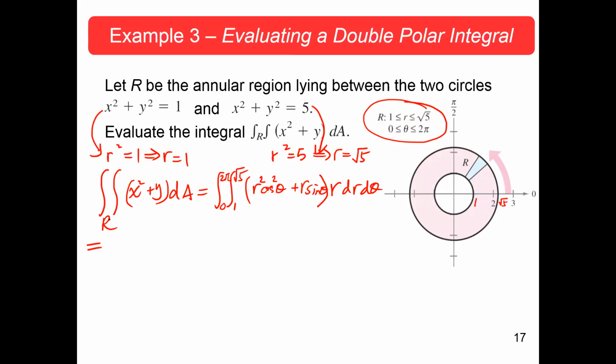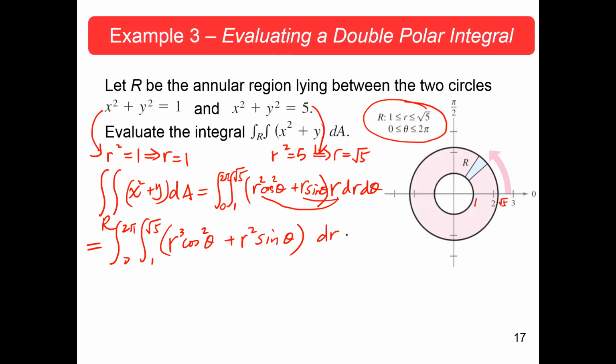Now we have theta from 0 to 2 pi and r from 1 to root 5, and next you need to distribute the r. I have r cubed cosine squared theta plus r cubed sine squared theta, times dr d theta.